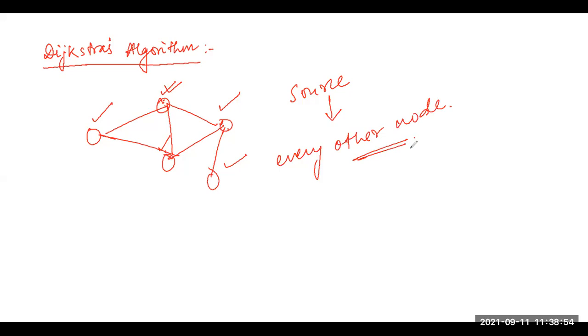But in MST, what happened is it will give you an overall cost, an overall shortest path selection. It may happen that from this source, I cannot reach this. It may happen, but here it won't happen.